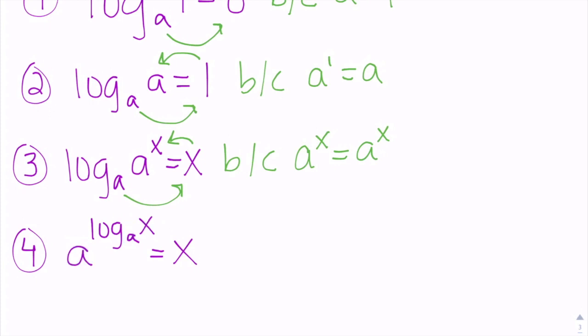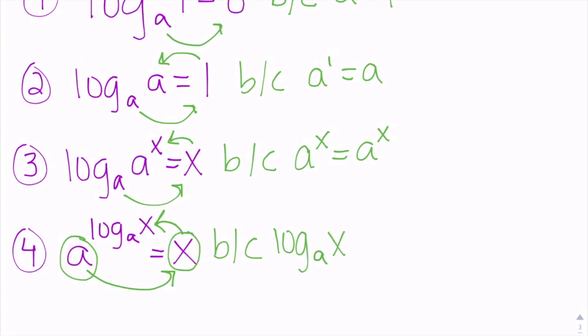We can prove that this is true by converting this into logarithmic form. Log base a of x is equal to the exponent, log base a of x, so it equals itself, and that is true.